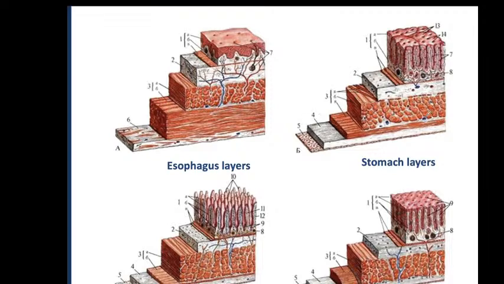This is the stomach, and here is the small intestine, and you see a very special structure, intestinal villi, we discussed that before, and the colon layers are also different, not similar to the small intestinal layers.